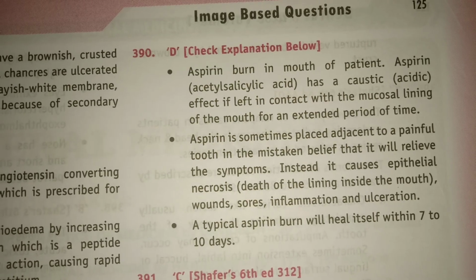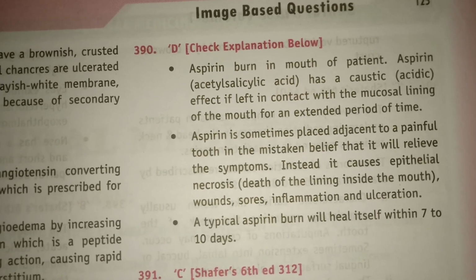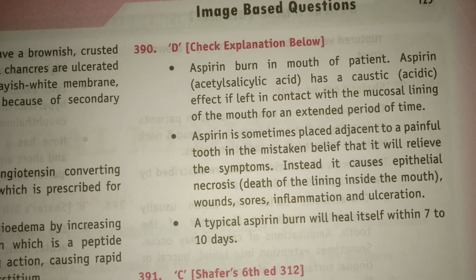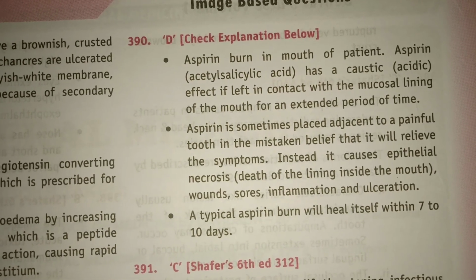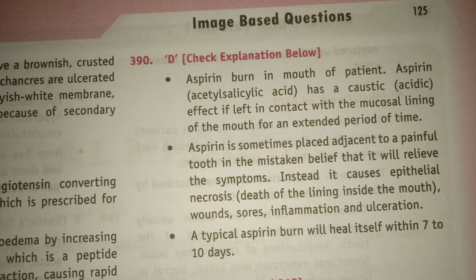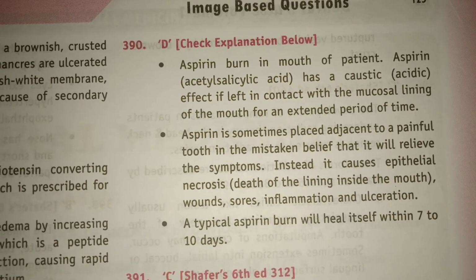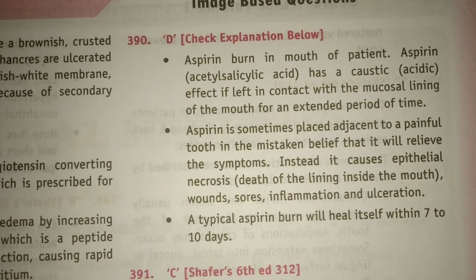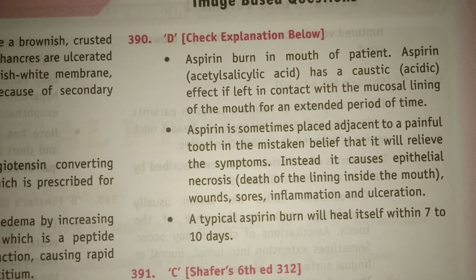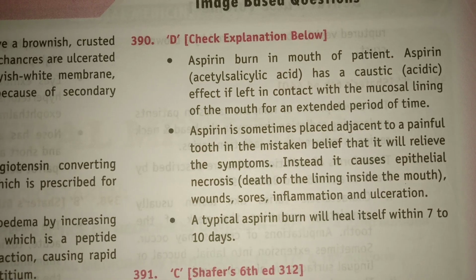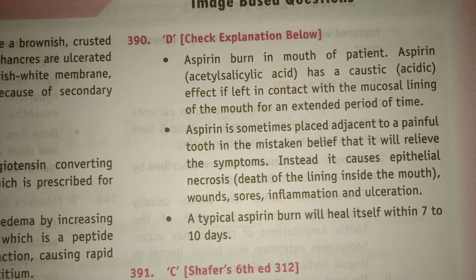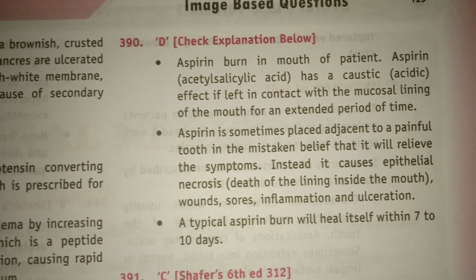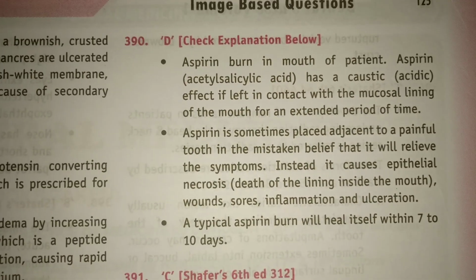It was not leukoplakia or any other options. It is aspirin burn. So aspirin is a caustic agent, and if it is left in contact with the mucosal lining, it will create this kind of aspirin burn lesion. It will heal itself within 7 to 10 days. So this was the picture of aspirin burn.